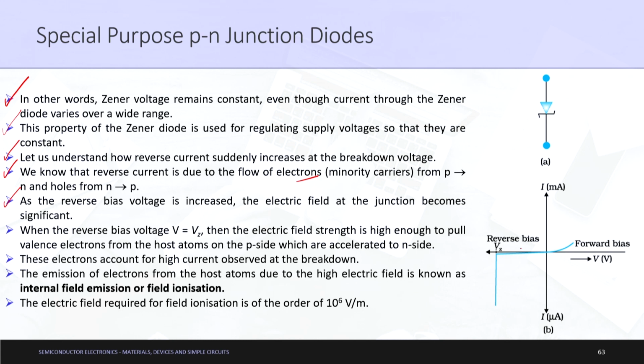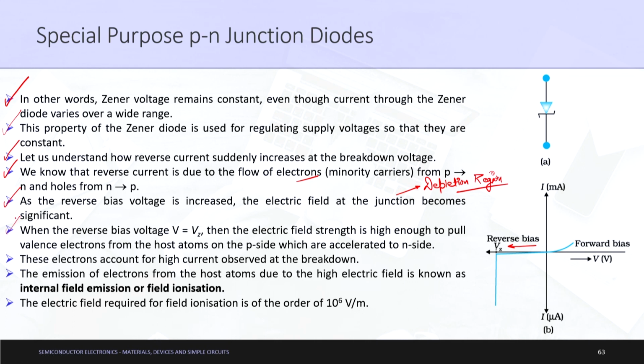Now if we increase the reverse bias voltage, the electric field at the junction becomes significant. The electric field at the junction here basically refers to the electric field at the depletion region. So the electric field at the depletion region or the junction becomes significant.